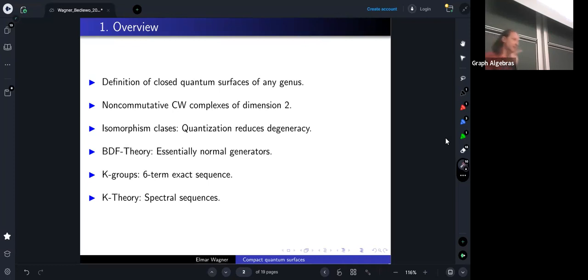But it was not so much that we want to compute it, we want to give conditions so that we can compare it with classical K-theory. But we have to deal with torsion. That's not finished. Anybody that wants to join us is very welcome.